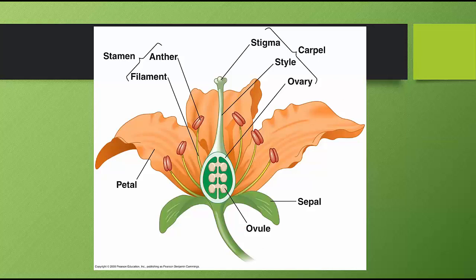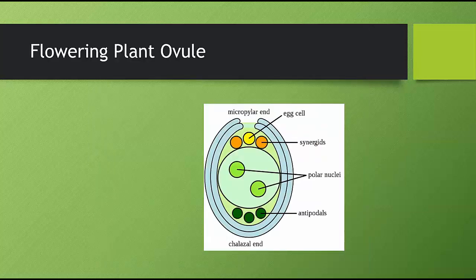One other thing I want to mention with seed plants, here's a drawing of one of those ovules or the developing seeds. It has a bunch of parts. We're going to worry about 2 parts. This big thing right here that we're going to call the central cell that has 2 nuclei in it, and this cell right here that has the egg cell in it. So that pollen tube grows down, grows into the opening of the ovule, and 2 sperm are released.